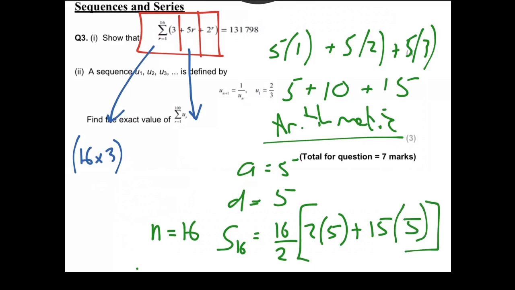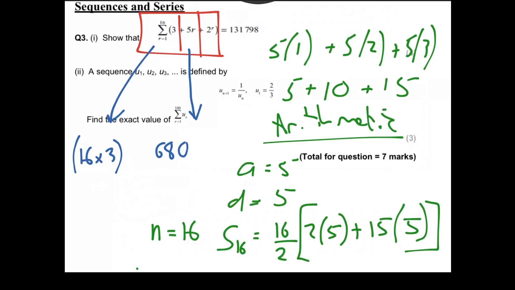So if we work that one out, we get 680 for that bit.